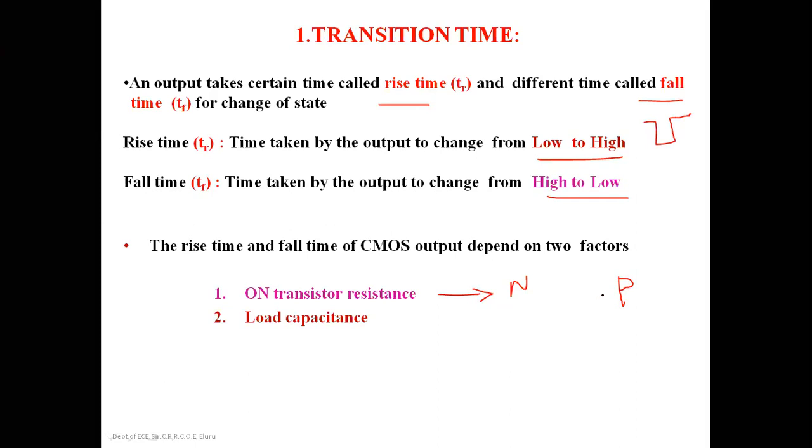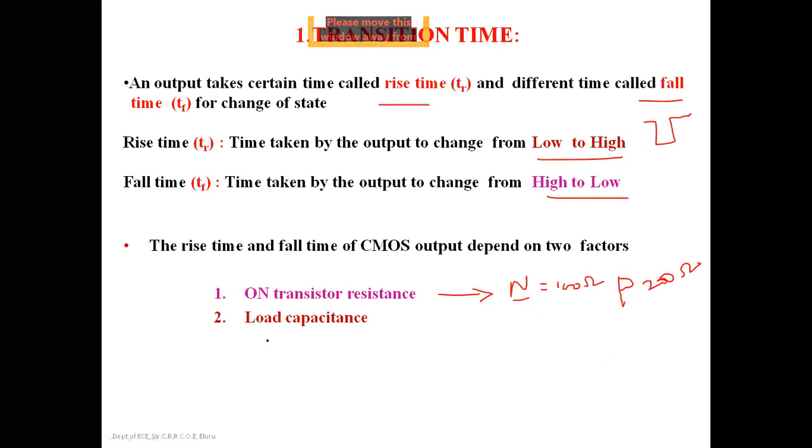Normally the on resistance of the NMOS transistor is less than the PMOS. So in the approximation of the values, we take the N resistance value as 100 ohms and the P resistance value as 200 ohms.